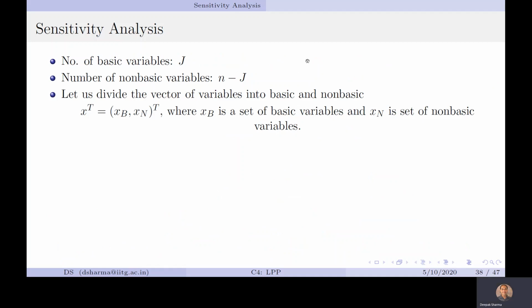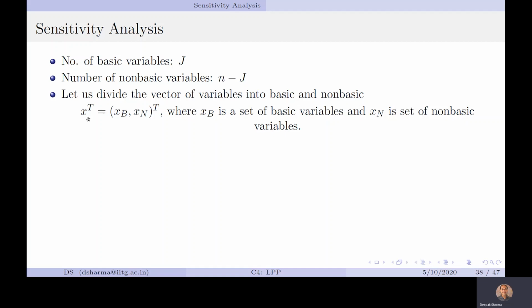So in sensitivity analysis, let us discuss one by one. The number of basic variables will be equal to the number of equality constraints, so currently it is j. The number of non-basic variables will become n minus j. Let us divide these variables into two sets, one called basic, another called non-basic.